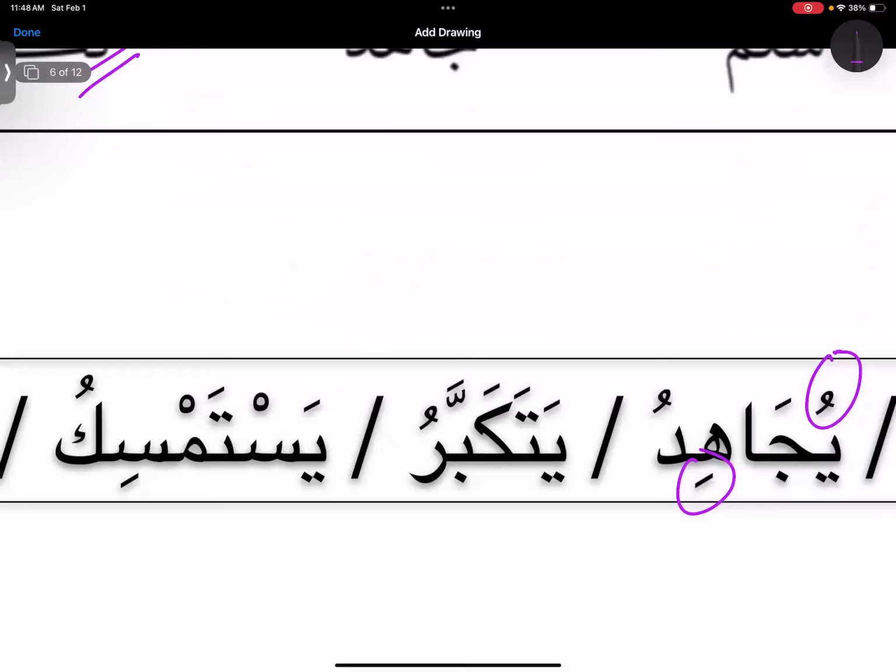Now this is not taking a kasra, and it's not yu either. It's not yutakabbiru. Takabbara, yatakabbaru. It is not taking kasra.